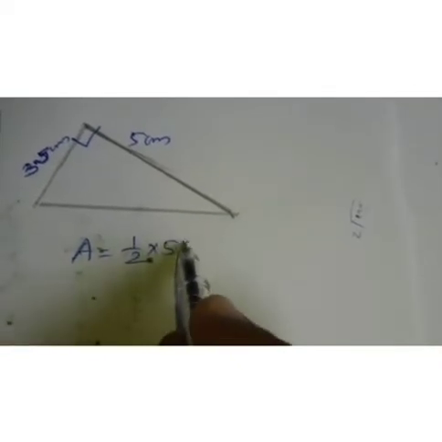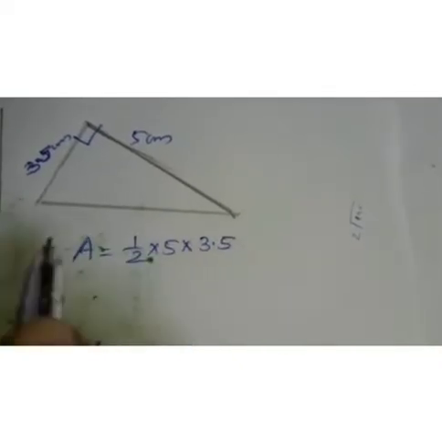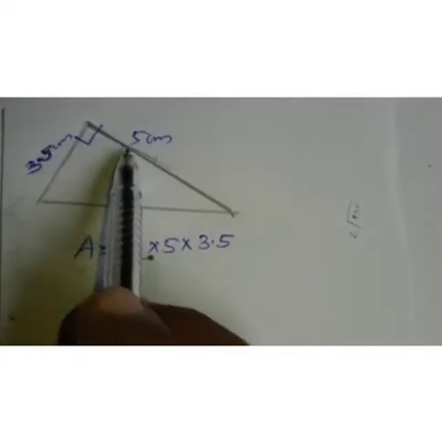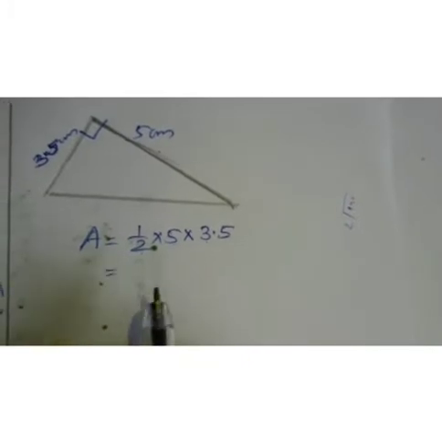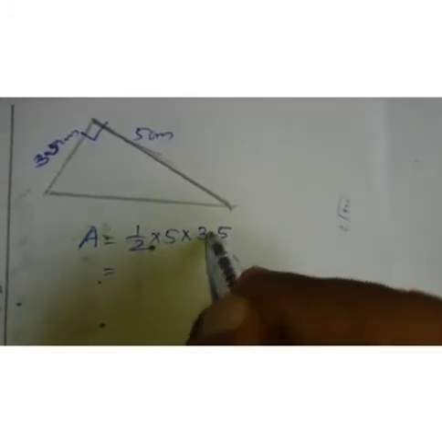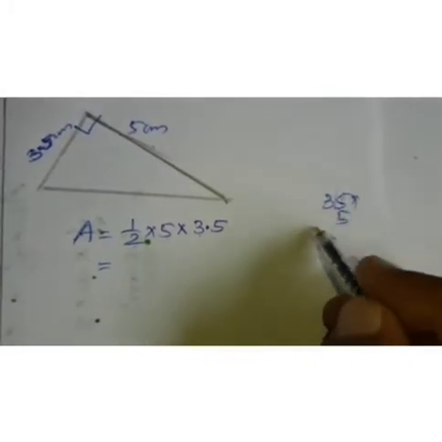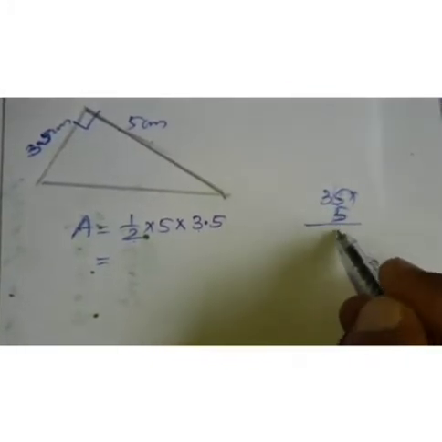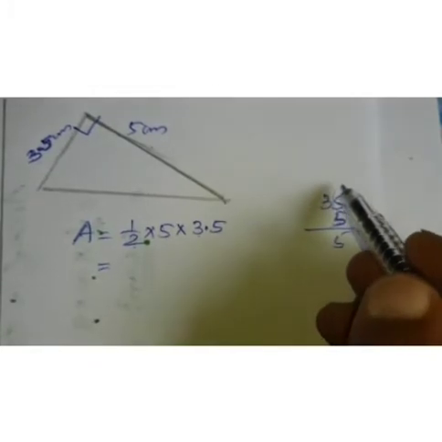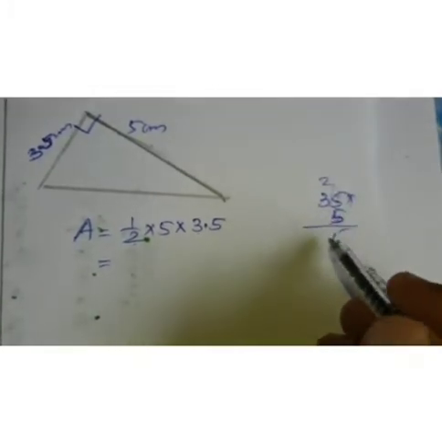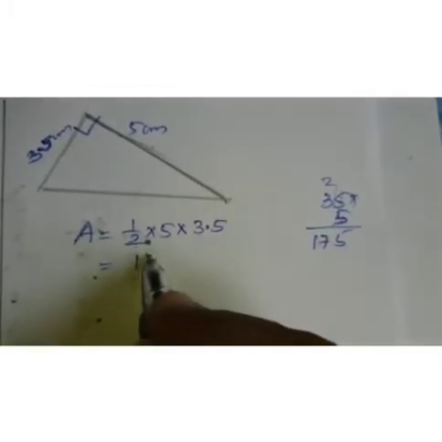Area is equal to half into 5 into 3.5. 5 and 3.5 are the two perpendicular sides. So take the product and take the half. Next, 3.5 into 5, we will get 35 into 5, 175.